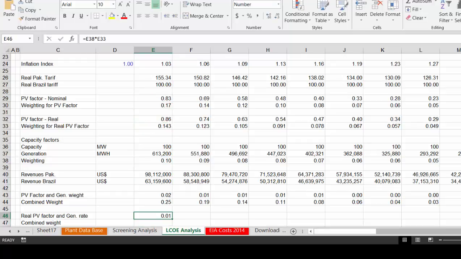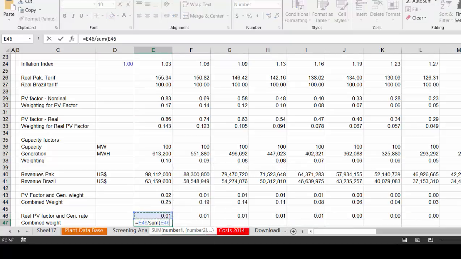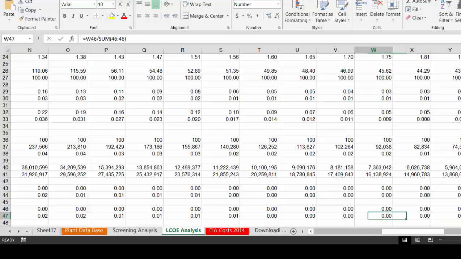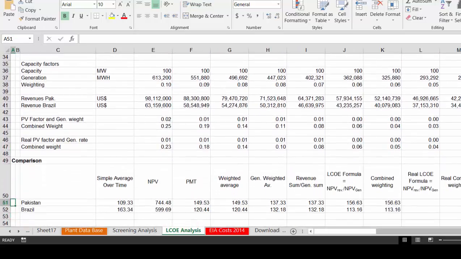Then we go through the process again where we take this one divided by the sum of that whole line, and we get a 23% weight for the first one and a tiny weight for the others.